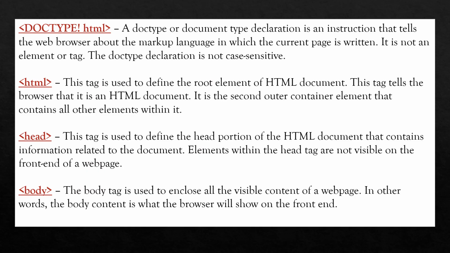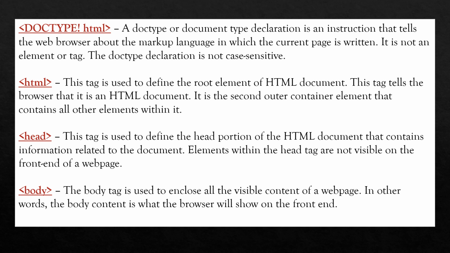Document type HTML tells the browser what type of document it is and that the current page is written in that document type. The HTML tag is the root element of the HTML document, and it tells the browser that it is an HTML document.